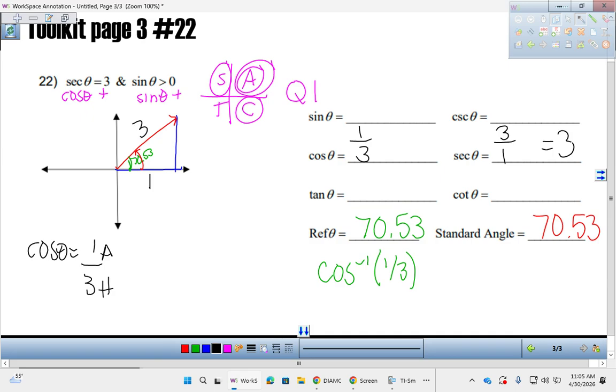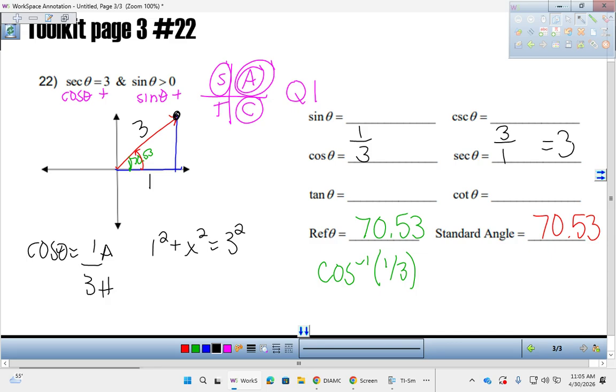And what I know about coordinate points, like if this was a coordinate point right here where those things met, what I know about coordinate points in quadrant 1 is that I'm going to the right, which is a positive x, and up, which is a positive y. So everything's positive here. I don't need to worry about putting a negative symbol on any of that. And I just want to find that third side length. So I'm going to call it x squared because I have the hypotenuse, so that's going to go on the other side of the equation.